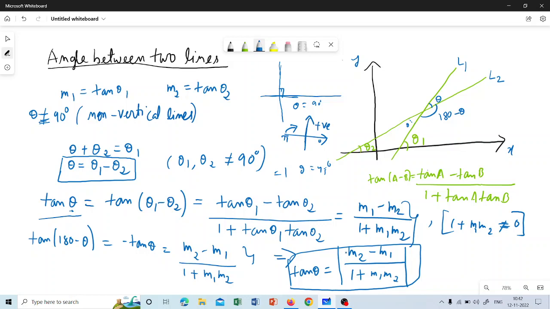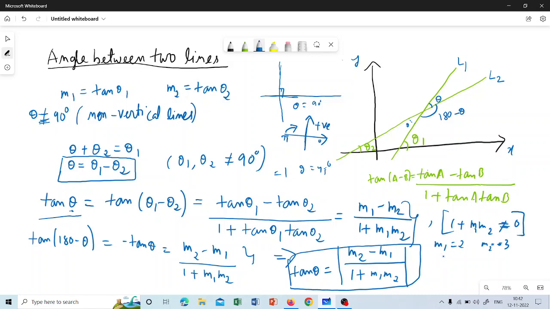So now I can say one thing here. I want to say two conclusions. One is that, for example, if m1 is equal to 2 and m2 is equal to 3, for example, I am going to get something like this. Let me take m2 is equal to minus 3, so it will be more clear in this example.